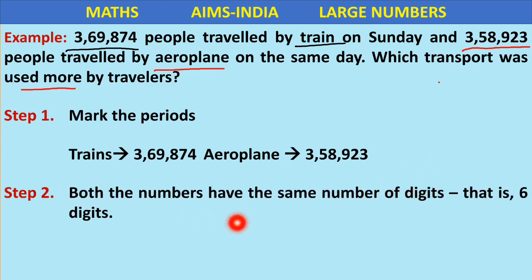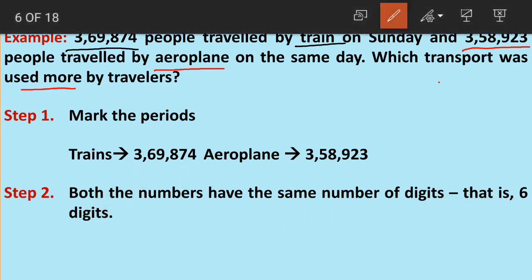After marking the numbers, what did we find? We found out that both the numbers have the same number of digits, that is 6 digits. This 3,69,874 has 6 digits, and 3,58,923 also has 6 digits.